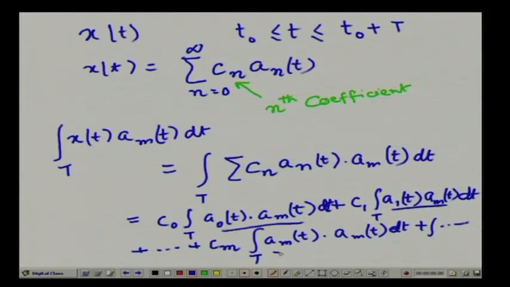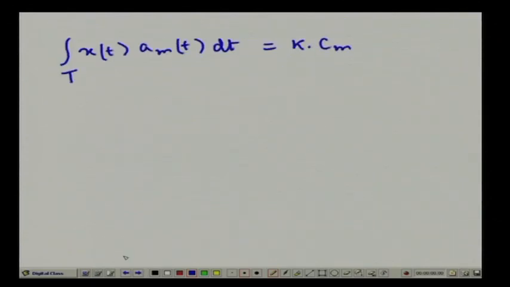Only for the term a m t into a m t dt will the value be equal to k.